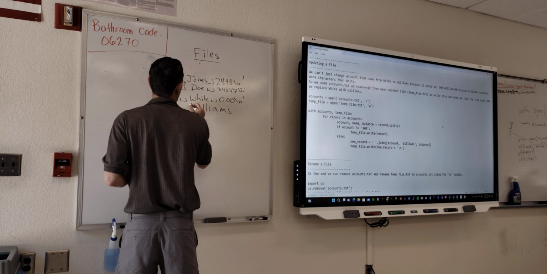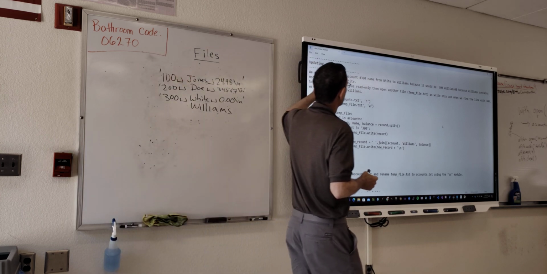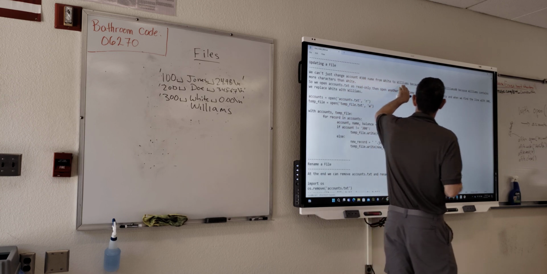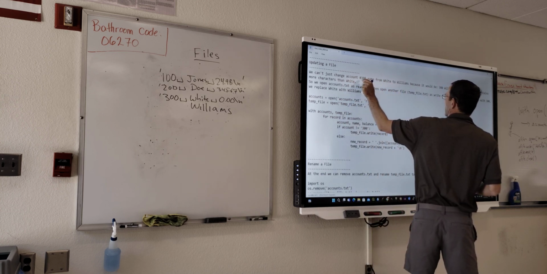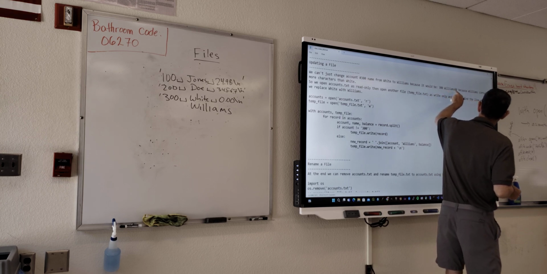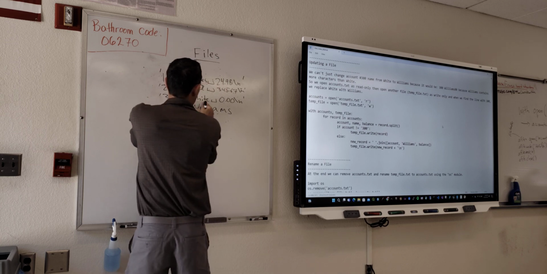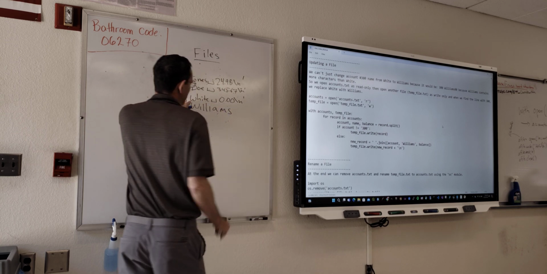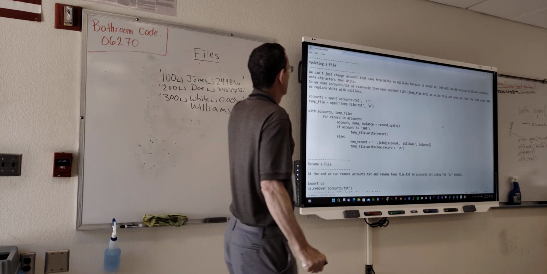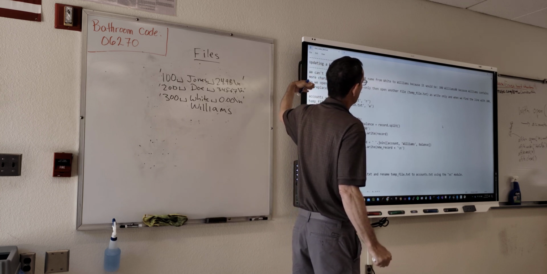If we do that, it's going to become 300 Williams 00 because it's going to overwrite White and some of these other characters. So we can't just go in there and rewrite it easily.